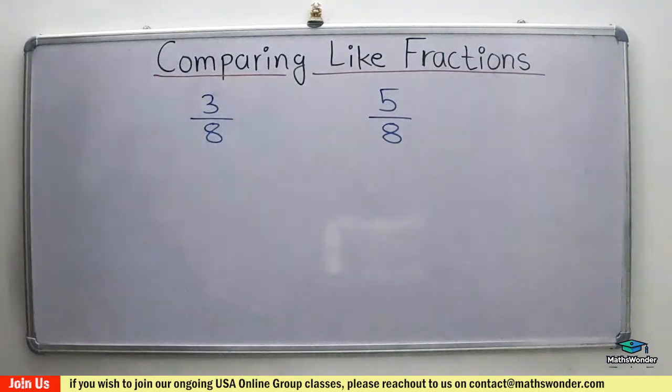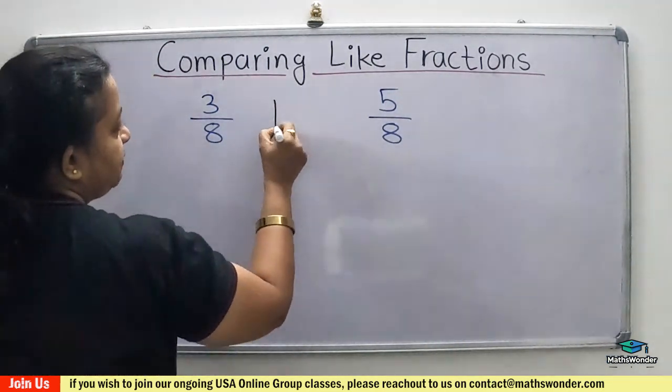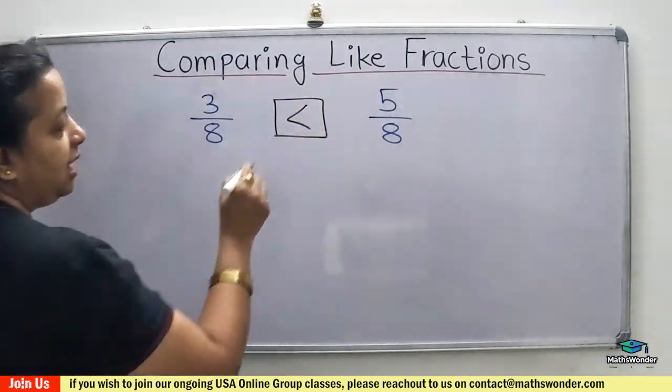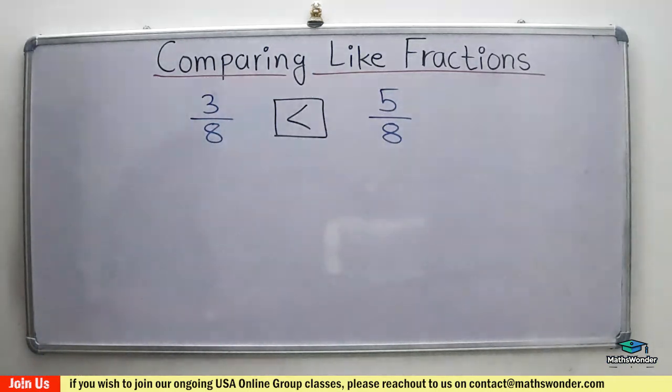So definitely, the greater numerator will be the greater fraction. 5 is the greater number, that's why this is the greater. We take 3 and 5 parts respectively out of the 8 equal parts. The portion corresponding to 5 parts is larger than the portion corresponding to 3 parts.